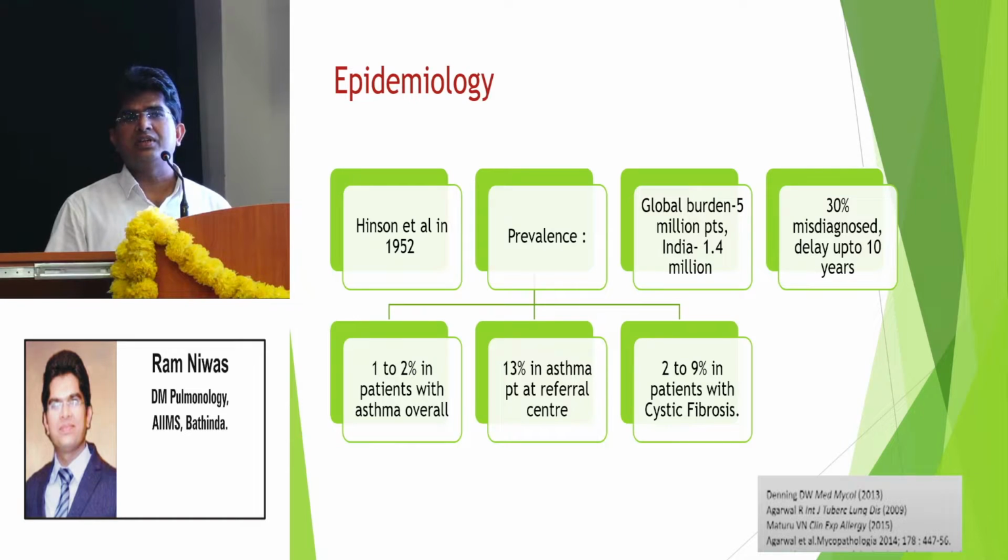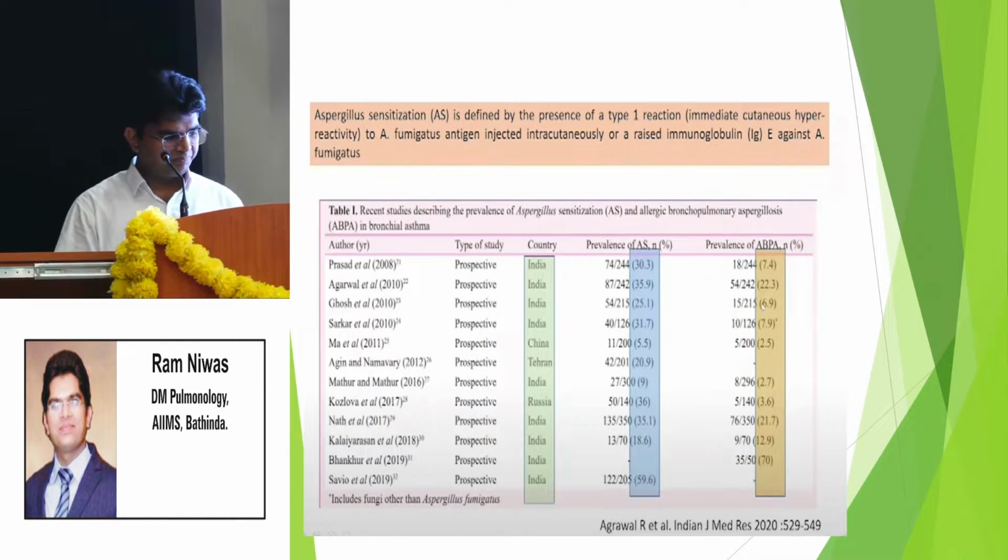Almost 30% of patients with ABPA may be misdiagnosed as tuberculosis or other chronic inflammatory disease, and there may be a delay in diagnosis also.